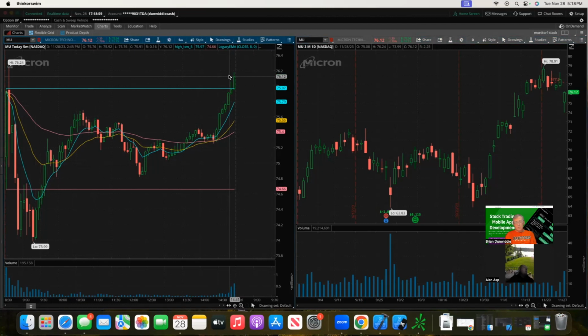Do you know what caused that? Other than 9 a.m. reversing, the shorts are covering and getting out.